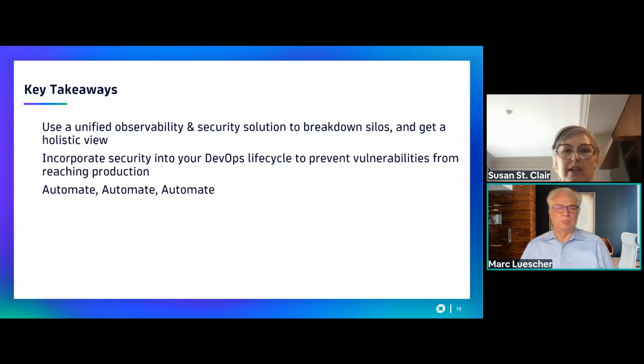All right, so some of the key takeaways: unified observability and security is absolutely 100% necessary when we're looking to automate, to break down silos, to get that really holistic view as we move to the cloud. Certainly, we would like to get proactive.